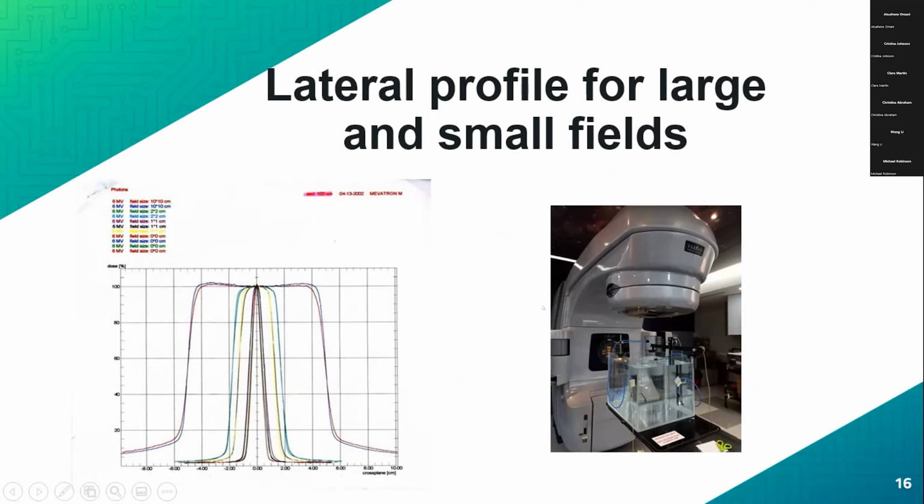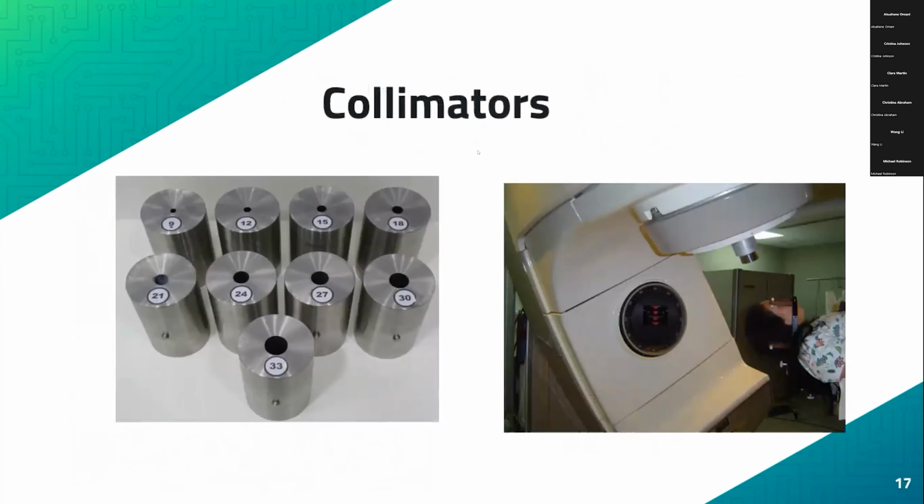We obtain these profiles on a linear accelerator, and we use the automatic phantom. The collimators that we used are of diameter 9 millimeters, 12 millimeters, 15 millimeters, and we can read each millimeter that we use at the output of the linear accelerator.